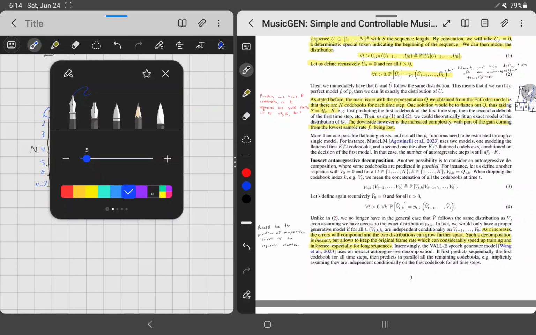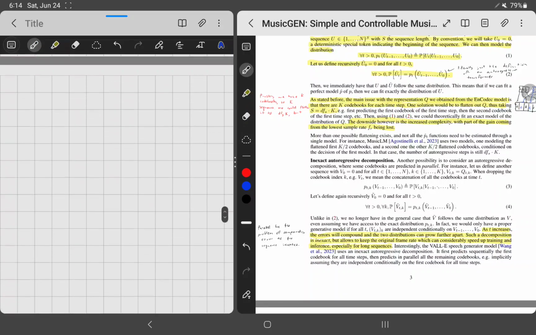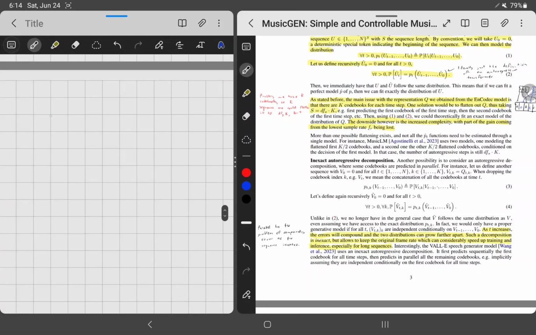Let me give an example down here. So if our codebook has, say, 6 entries, this is the example I gave in Encodec, by the way. 0, 1, 2, 3, 4, 5. So this is n is equal to 6. And say our f sub r is equal to 3. This is codebook 1.